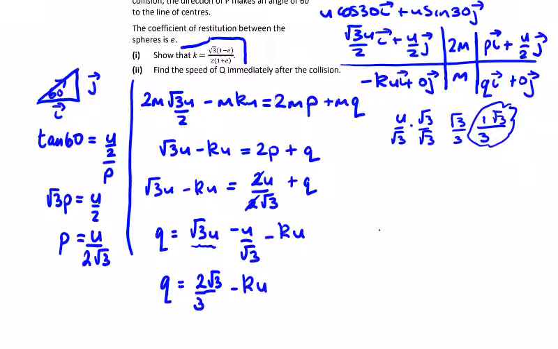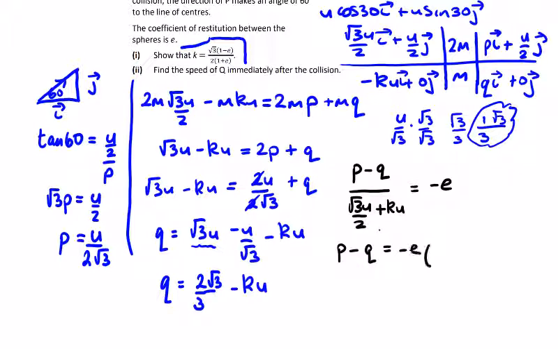So let's apply now Newton's law of restitution. So we're going to get p minus q over root 3 u over 2 minus ku plus ku, that's going to be equal to minus e. So we're going to get p minus q is equal to minus e times root 3 u over 2 plus ku.